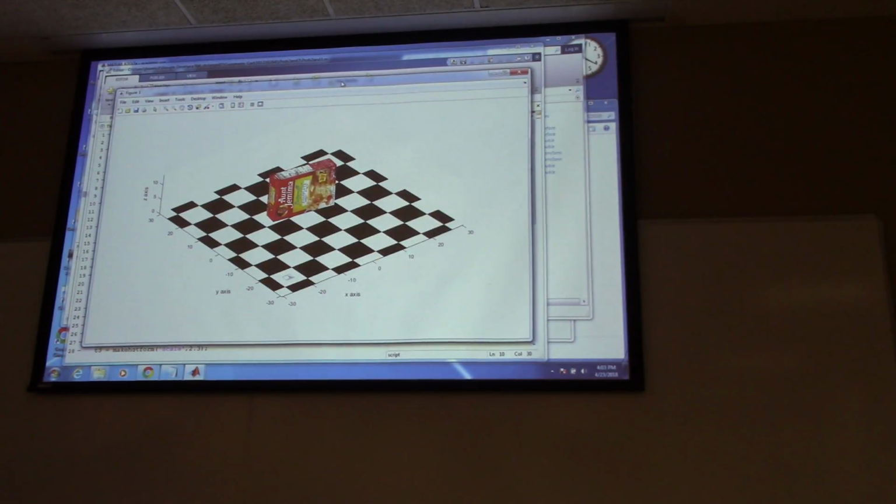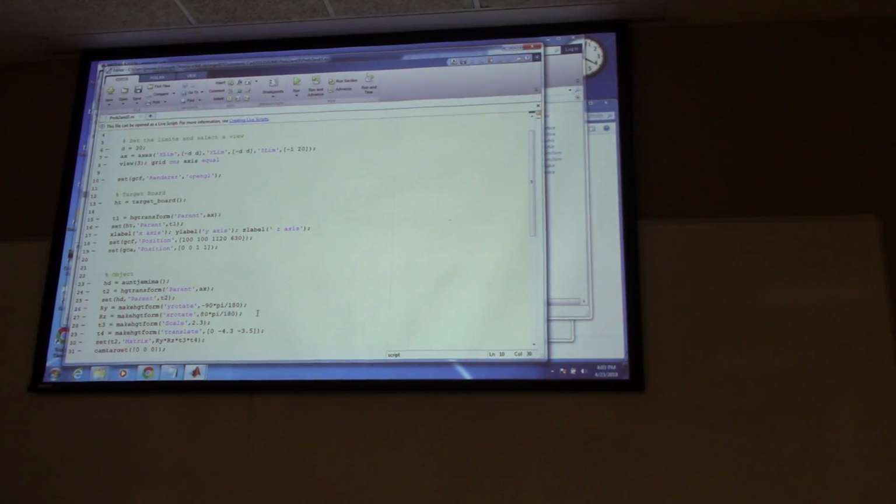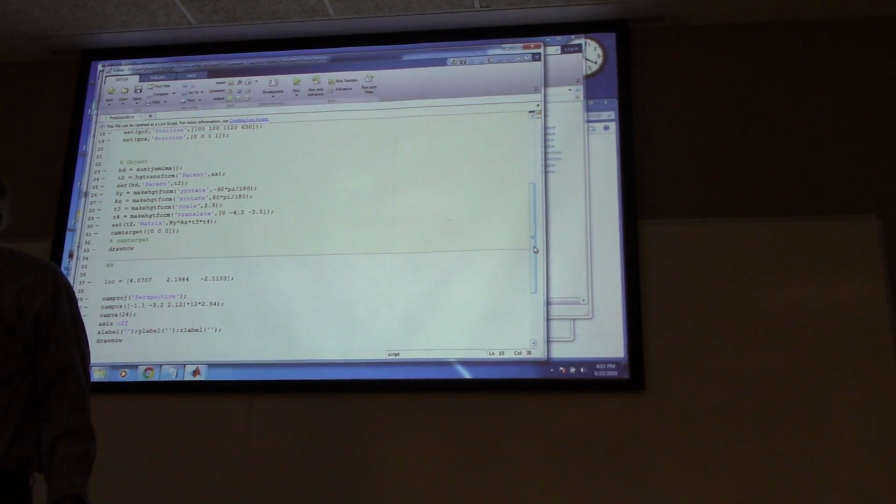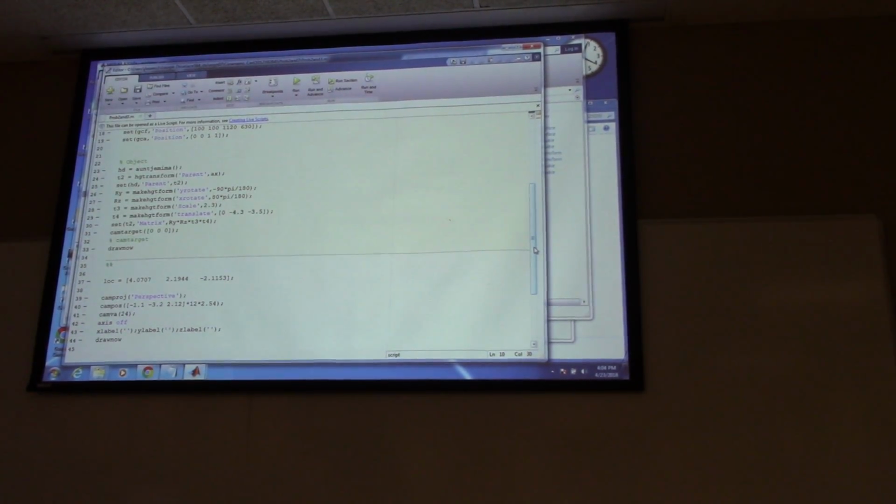There's a parameter called cam target. Cam target tells you what you're looking at. Here I set cam target to 0, 0, 0. That means it's looking right down to the center of the checkerboard.